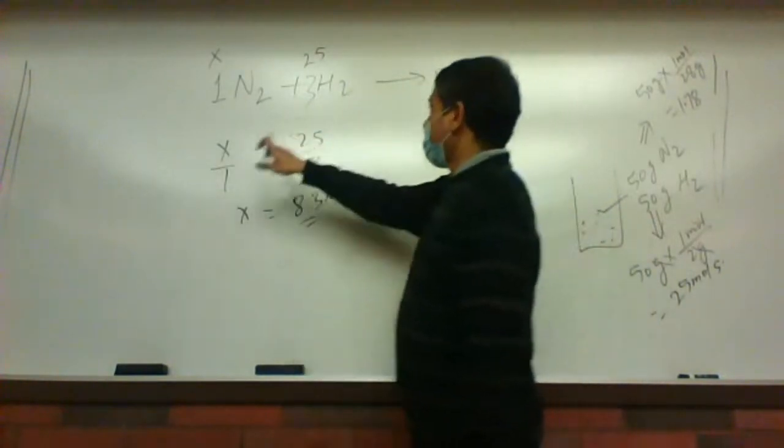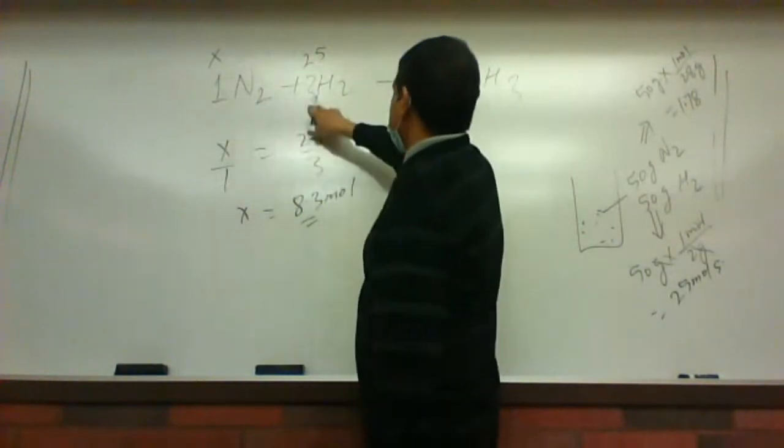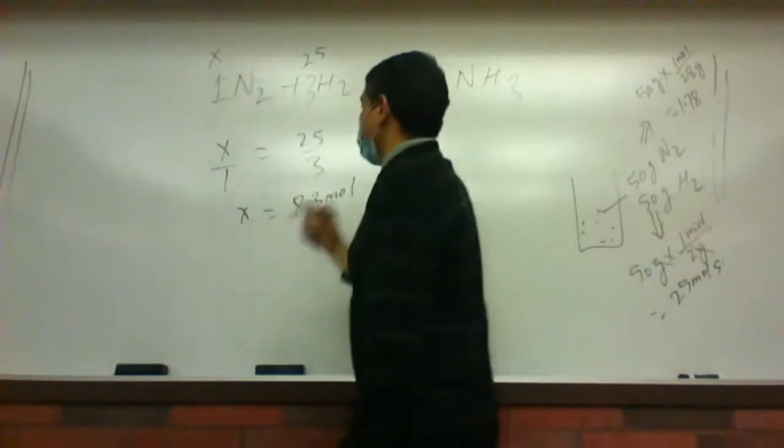Make sense? So for 1 mole of nitrogen, I need 3 moles of hydrogen. But for 25 moles of hydrogen, how many moles of nitrogen do I need?